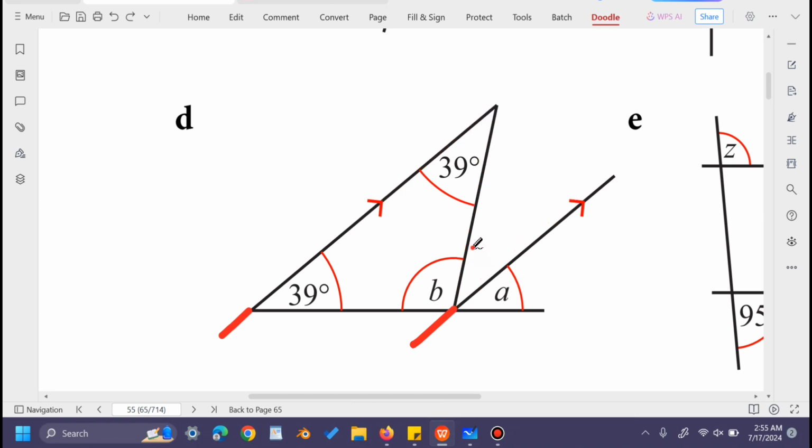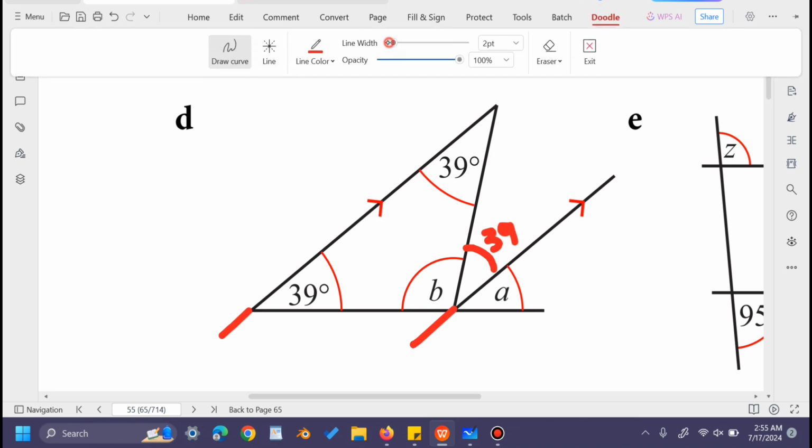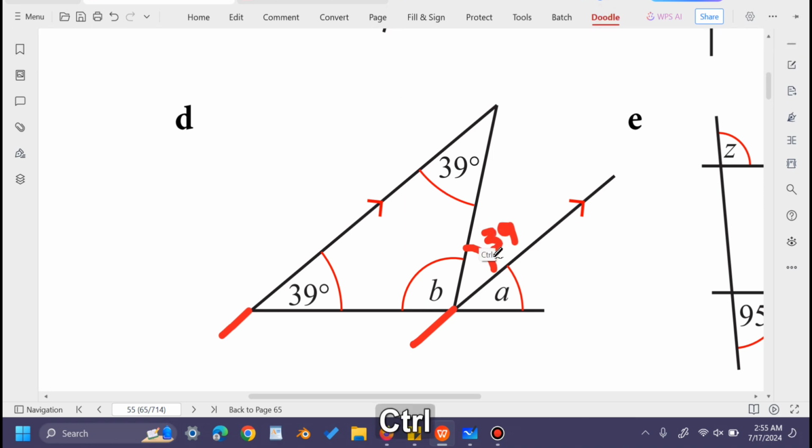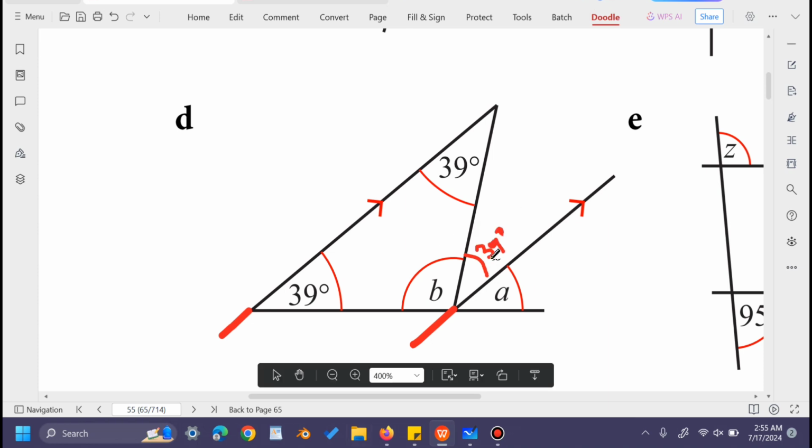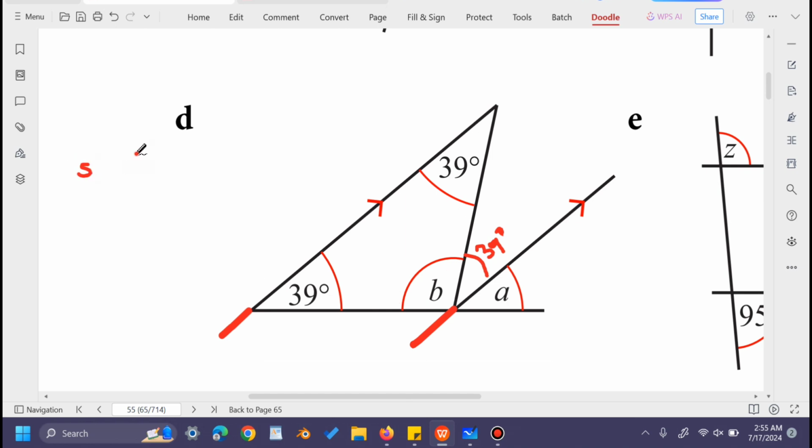So what we can do is we can just mark it as 39 degrees. Let me try if I can. Okay, it would be better this way. Yes. So this is going to be 39 degrees as well. Now we know this is 39 degrees and we know this is a triangle as well. So the sum of angles in a triangle is 180 degrees.